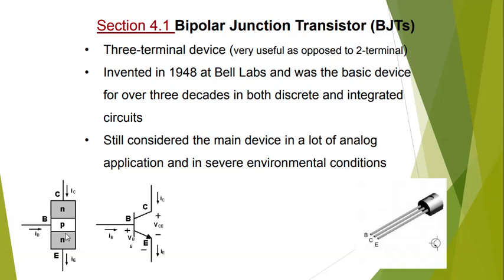If you think about it, you can imagine that you put 2 diodes back to back to each other. Imagine you have 2 NP junctions and you put them back to back. In this one, N is on the top, P is in the bottom, and in the other one, P is on the top, N is in the bottom.